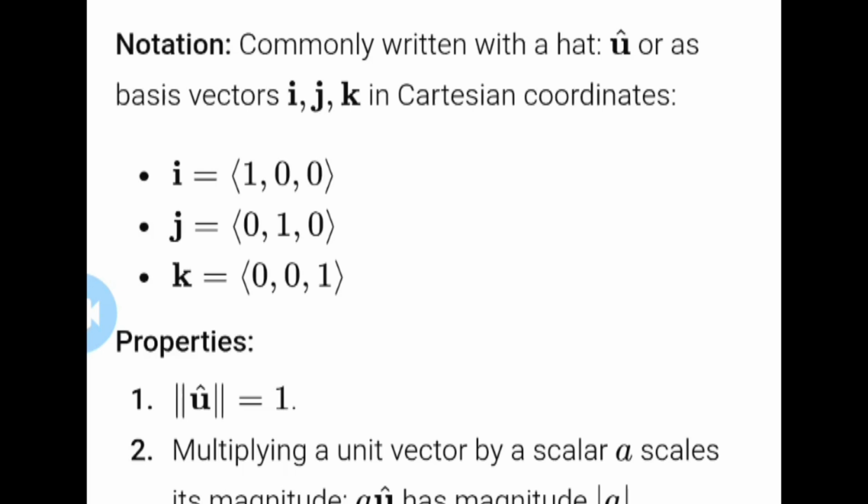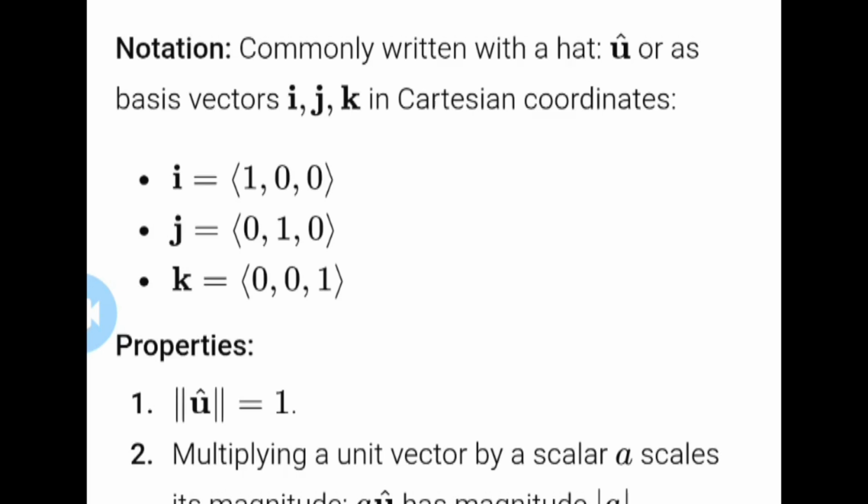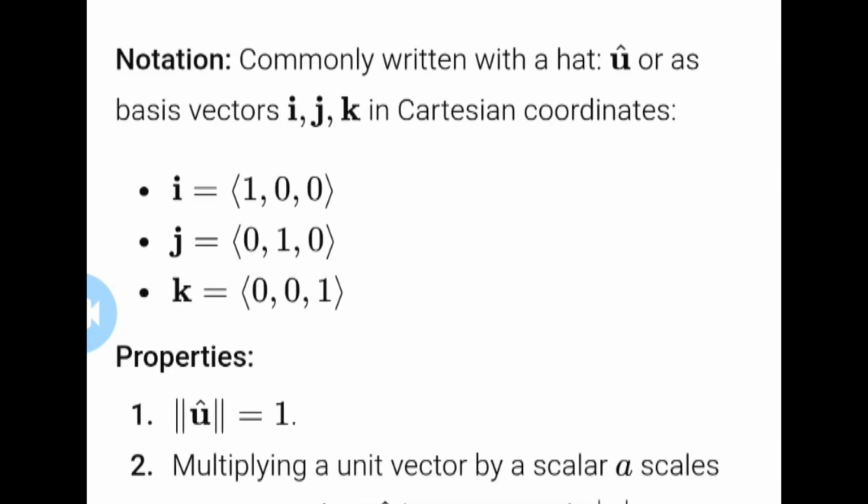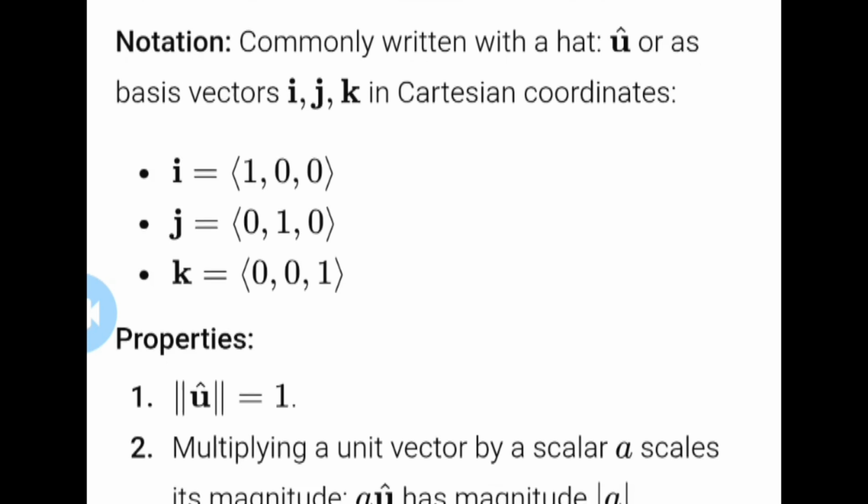The unit vectors are i (1, 0, 0), j (0, 1, 0), k (0, 0, 1). So what it basically means is that it has a magnitude of 1 in the i-axis, a magnitude of 1 in the j-axis, and a magnitude of 1 in the k-axis. You have to understand and notice that in each of the arrays, the corresponding other two options remain null or 0.